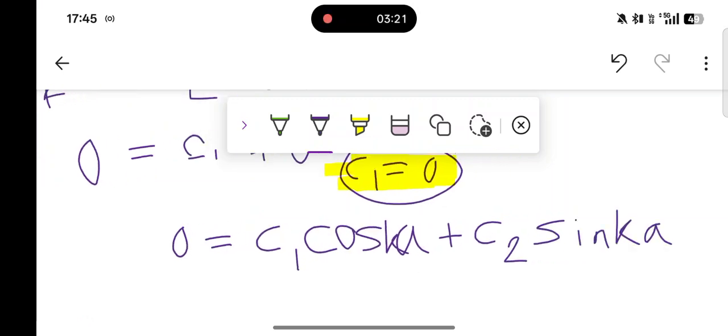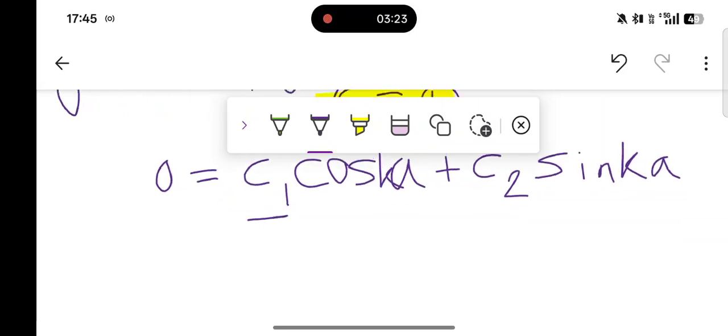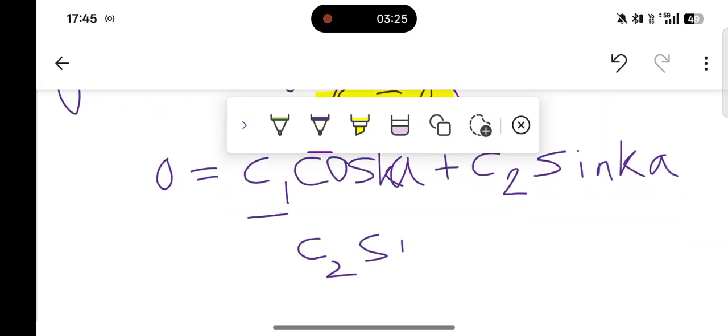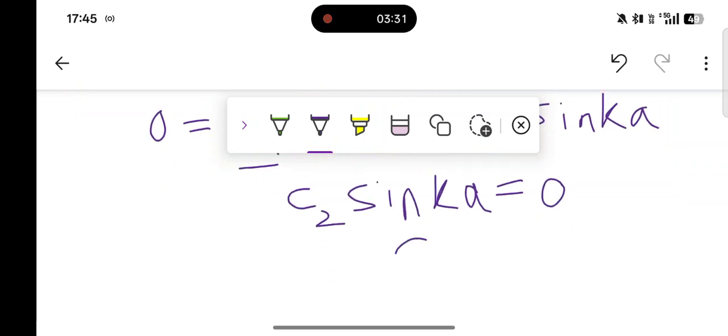Now, point to be noted, c1 is 0, so c2 into sin ka is equal to 0, right? Now some people will say our c2 is 0 and some people will say no, our c2 is not 0. The actual answer is that c2 will not be 0, because if c2 is equal to 0, then YCF, the solution of this differential equation, will become 0, which is not possible.